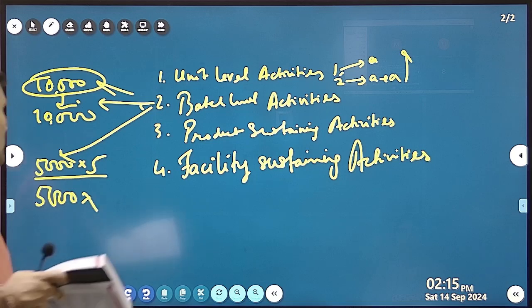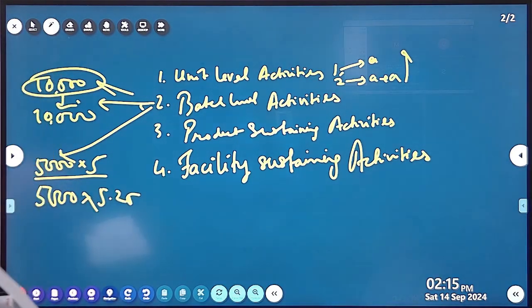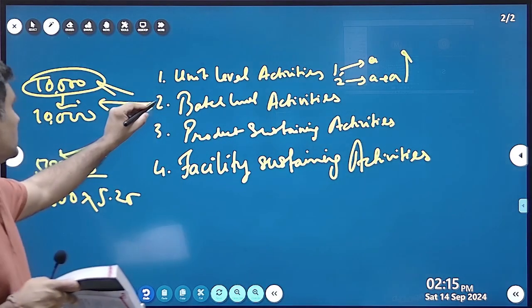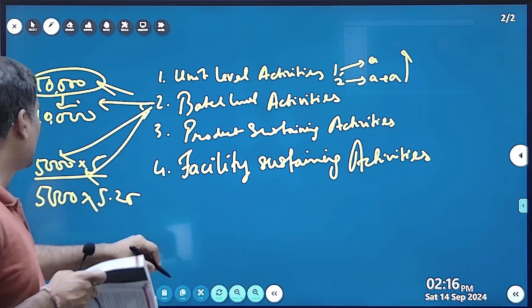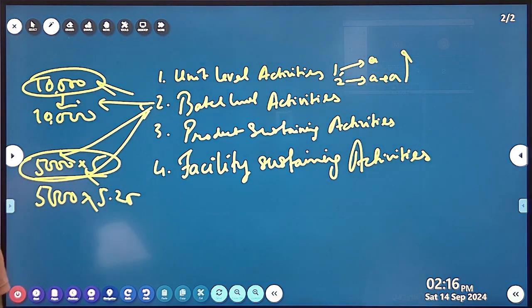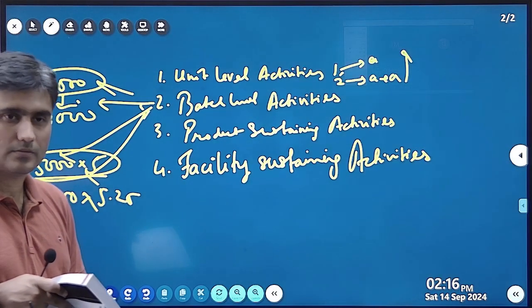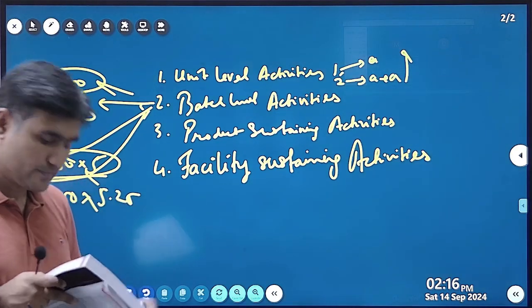No. You might get it at 5.5, 5.25, right? So for batch level activities, the price within the batch remains the same, but the price differs when the batch differs, right? When you change the batch, the price differs.